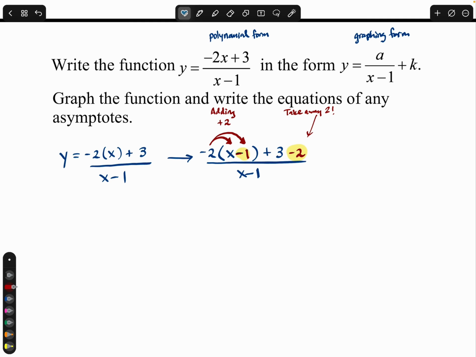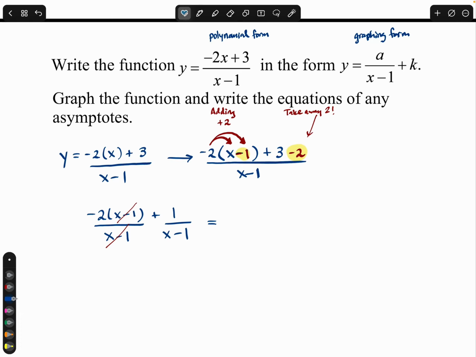So what do we now have? We've got negative 2 times the quantity (x minus 1), and then when I do 3 minus 2, I get 1, so that would be plus 1. Let's give them each their own denominator now, and it looks like we can cancel these out.